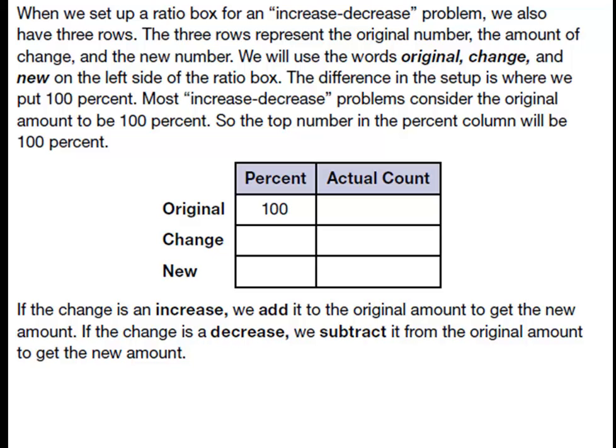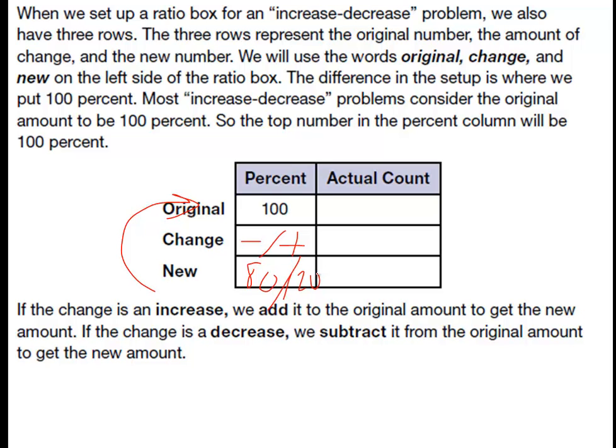We're going to bring the 100% up top, and then put in the minus change or the add-in change. So let's say it's 20%. So 100 minus 20, then our new amount would be 80. Or if it was 100 plus 20, our new amount would be 120. Then we're going to solve it the same way we would normally, using cross multiplication and dividing with this ratio box.